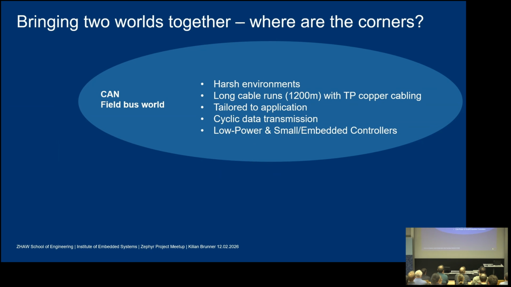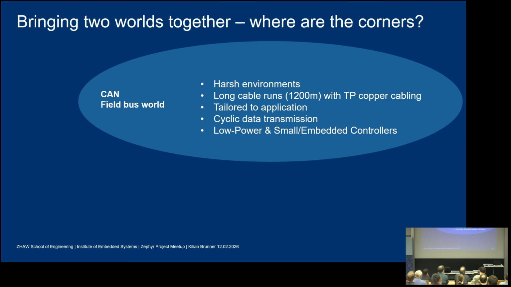So when we try to bring these two worlds together, from one side, we have the CAN, a traditional field bus, and the Ethernet on the other side. So first, let's have a look at CAN. CAN is designed for harsh environments. You can go on very long cables with single twisted pair cables up to more than 1 kilometer.